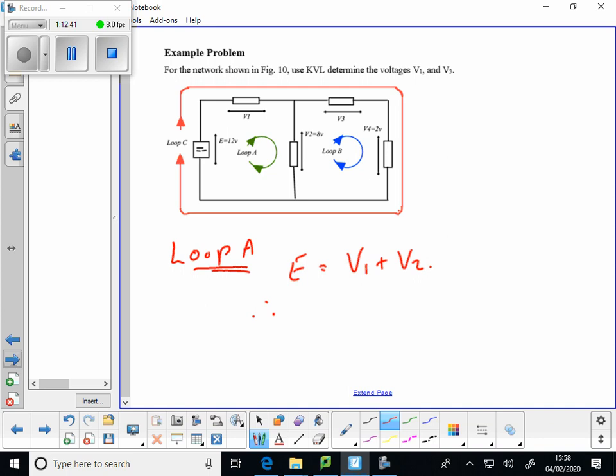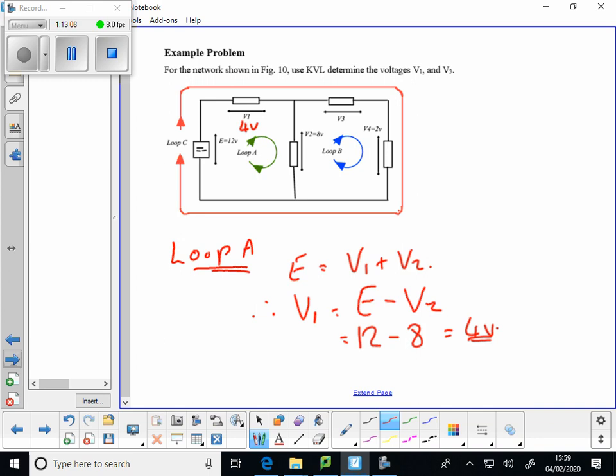Therefore, we know E and V2, so V1 is equal to E minus V2. That is 12 volts minus 8 equals 4 volts. So we can now write 4 volts on there. We know that answer. Yeah.